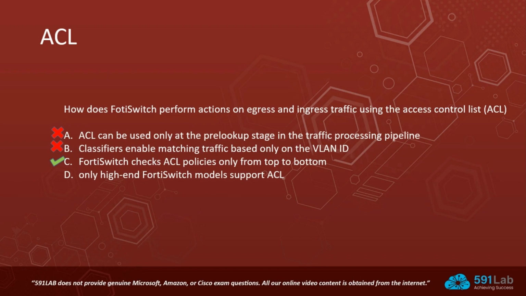Answer D. Only high-end FortiSwitch models support ACL. This answer also incorrect. So the correct answer for this question is answer C. FortiSwitch checks ACL policies only from top to bottom. Further information related to ACL, you can study more on FortiSwitch 7.2 study guide, starting page number 369.